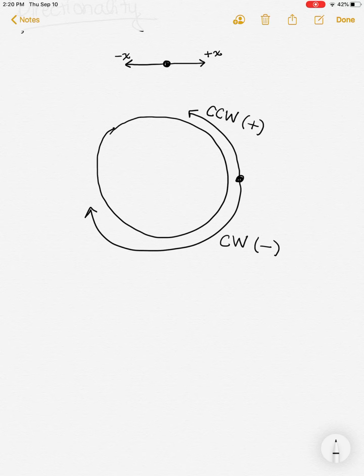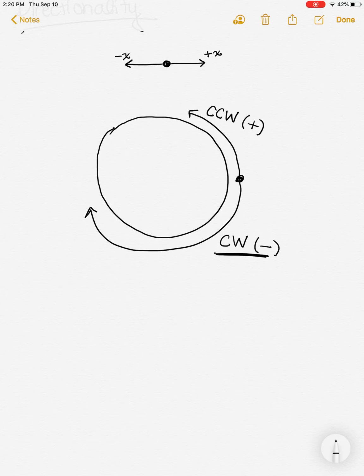So that means if I'm changing my angular displacement and I'm moving in the clockwise fashion, it's going to be negative. If I have angular velocity and it's moving clockwise, it's going to be in the negative direction, and the same thing with angular acceleration. So anything that's moving clockwise is going to have a negative omega.